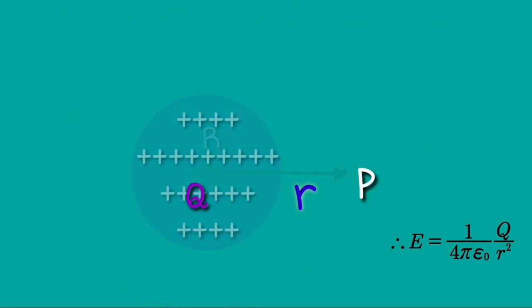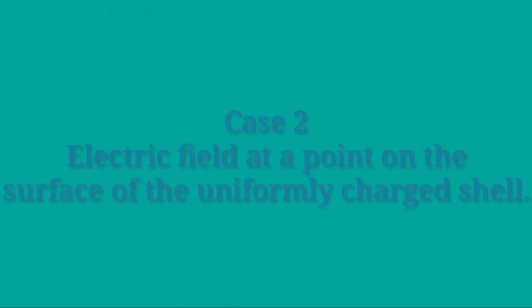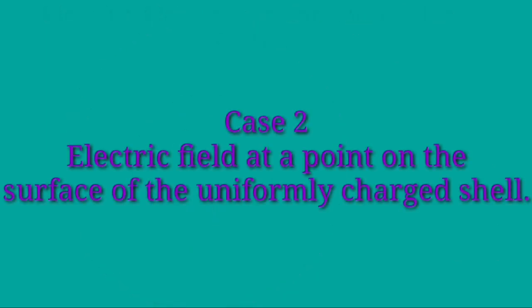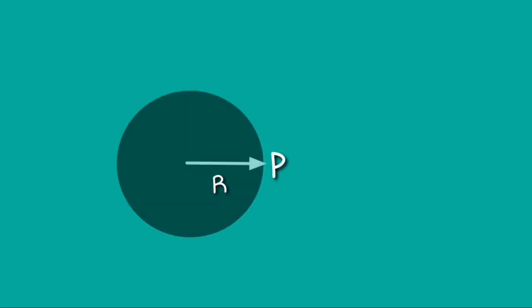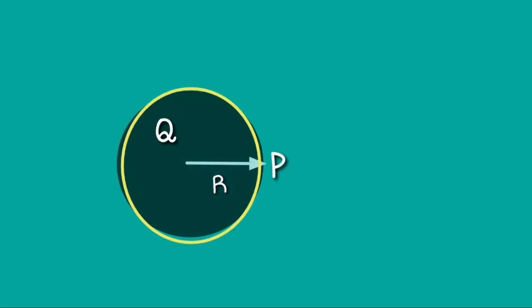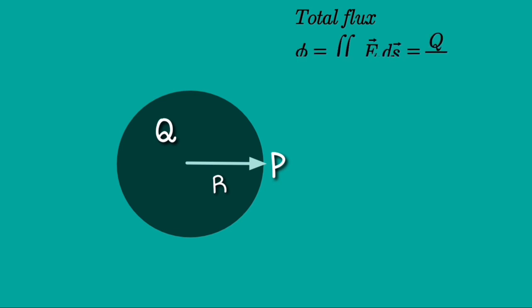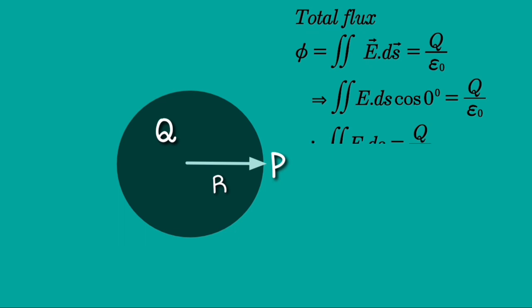r square. Now we consider the case that the observation point is on the surface of the uniformly charged shell. Here the uniformly charged sphere and the Gaussian sphere are the same. Therefore, according to Gauss theorem, the total flux phi is equal to integration E dot ds is equal to q by epsilon naught.